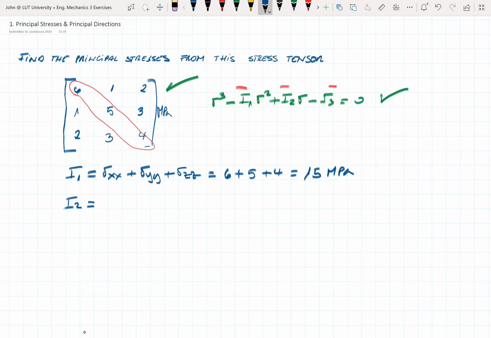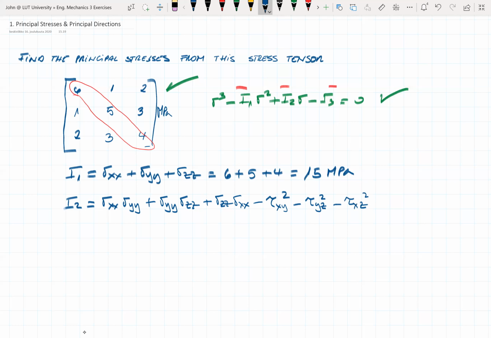In this case, it's going to be sigma xx times sigma yy plus sigma yy times sigma zz plus sigma zz times sigma xx, minus tau xy squared minus tau yz squared minus tau xz squared.